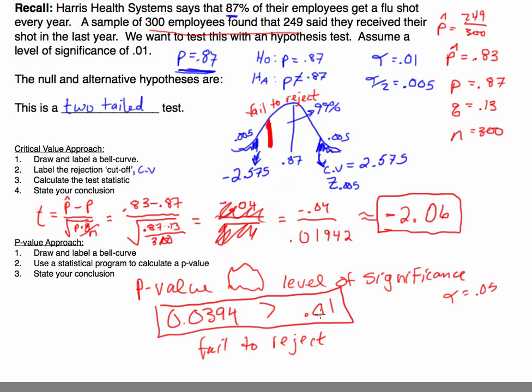So it really depends on how you are defining what's significant. If we want to be really sure that it's not equal to 0.87, then we're going to have a lower level of significance. We want to define something as significant as having a 1% chance of occurring by chance. So in this case, with a level of significance of 0.01, we did not reject.